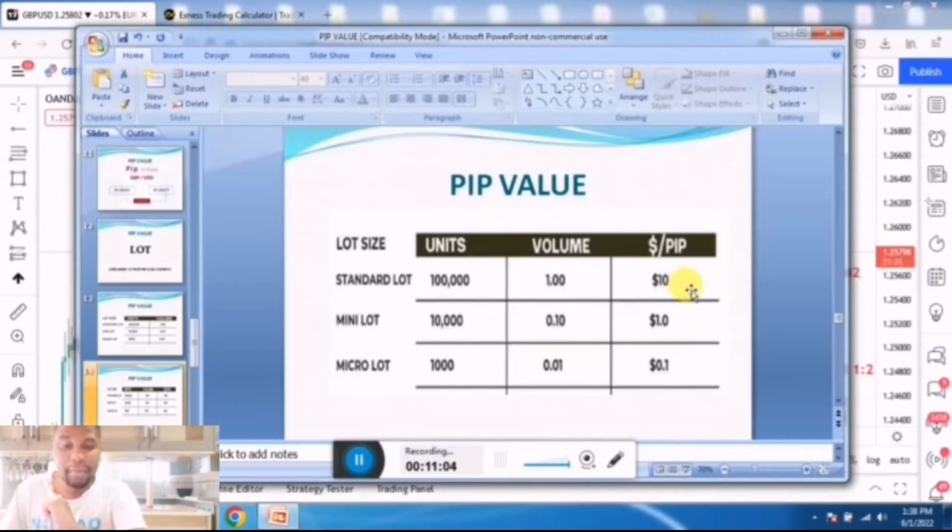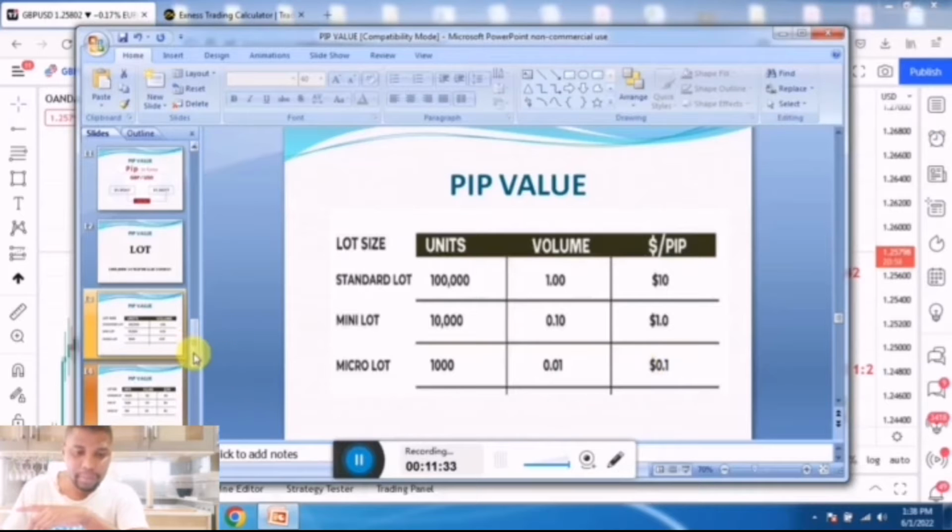Then a mini lot, which is 10,000 units, which is 0.10, will cost you $1. And a micro lot, which is 1,000 units of that base currency, which is 0.01 in volume, will cost you 1 cent in dollars.